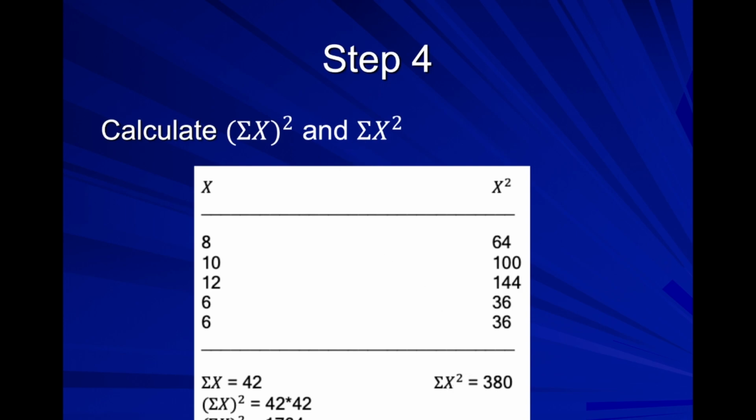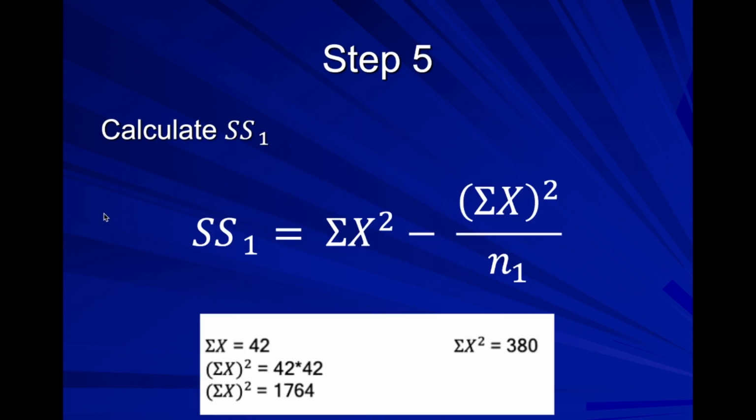All right, so let's go to the formula. I think I was pointing to the wrong screen, sorry about that. So here you have the terms. Sigma x squared is 380, and usually you're going to have the smaller of the two numbers right here. So sigma x squared, 380, minus the sum of x in parentheses squared, that's 1764, divided by 5.